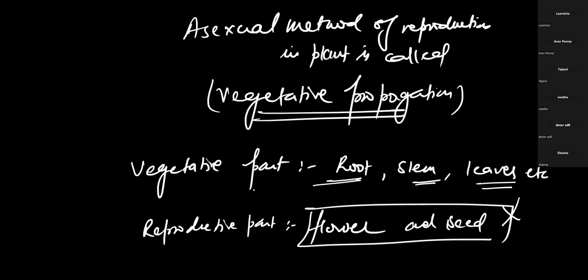So here we can say that vegetative propagation is an asexual method of reproduction in plants in which we can grow new plants by using the vegetative parts of the plants like root, stem, leaves, without using their reproductive parts like flowers and seeds. So note down the definition.